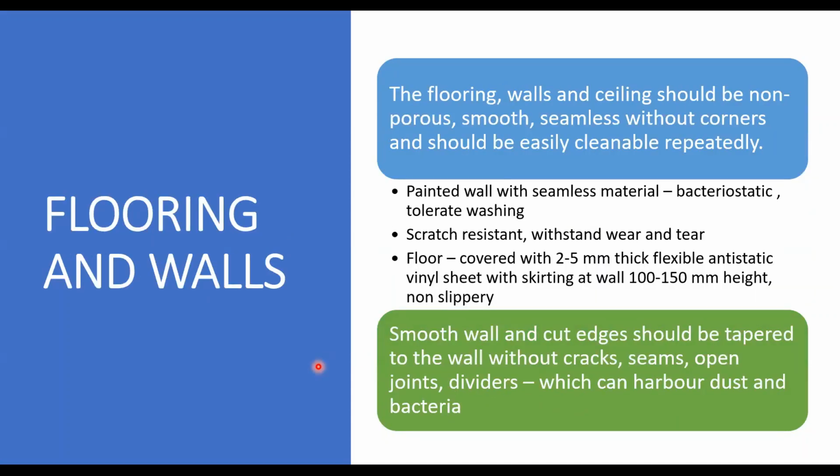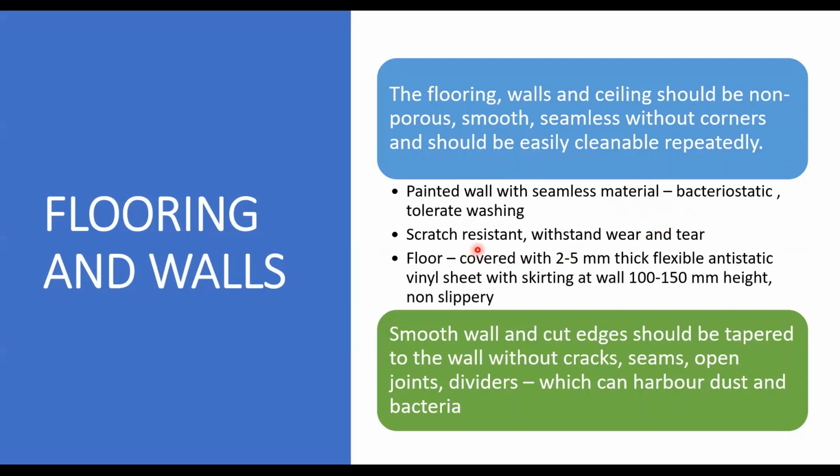Okay, how about the flooring and the walls? They should be non-porous, smooth, seamless, without corners, and easily and repeatedly cleanable. The painted wall must use seamless material, be biostatic and tolerate washing.